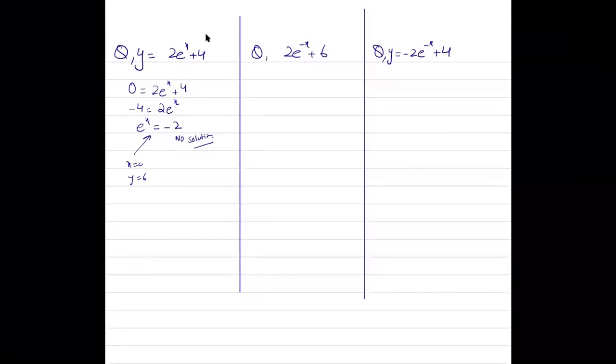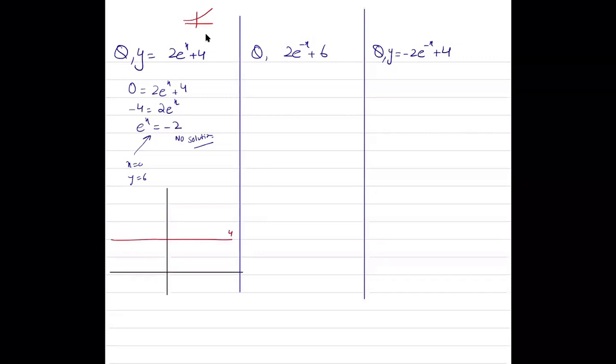So what is going to be the asymptote over here? Would it be 4? Previously, when I drew e raised to the power of x, the x-axis was the asymptote to the curve. Now, if the curve is going to shift 4 units upward, the asymptote line is also going to shift 4 units upward. So it is going to go to 4.